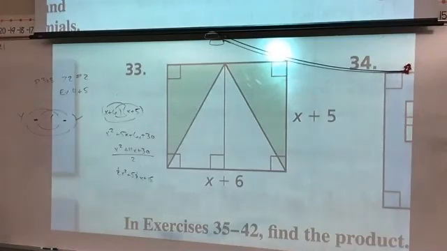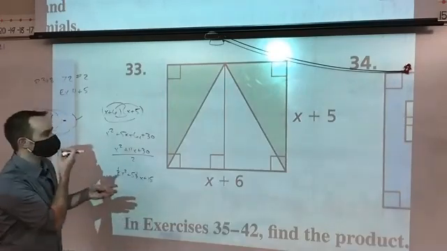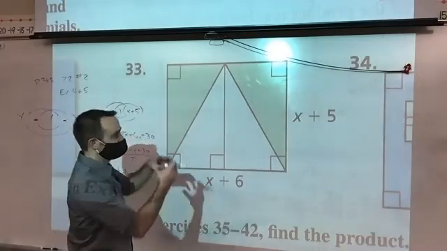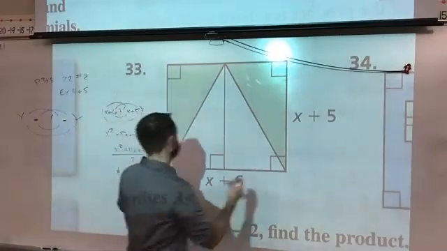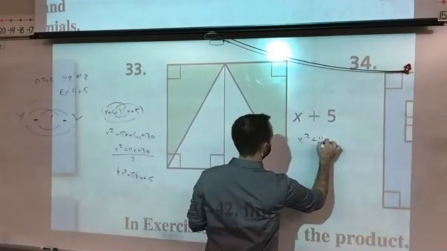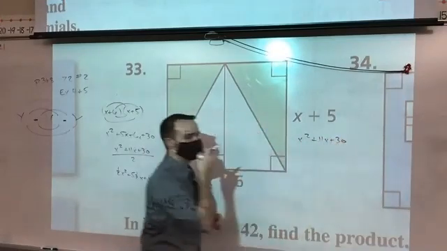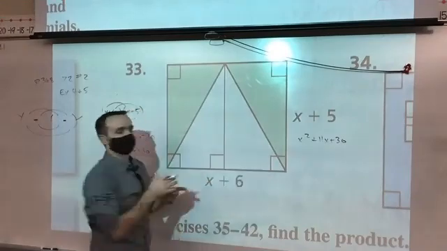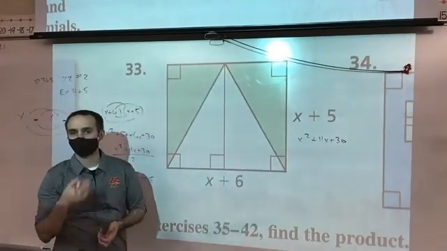The other way that we could do this, if we don't realize that it's simply half, or let's say the triangle isn't half, is we would have to find the area of the whole thing. And again, the area of the whole thing was x squared plus 11x plus 30. And then we would have to find the area of the triangle and then subtract it.